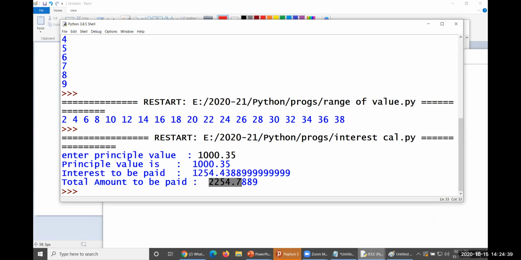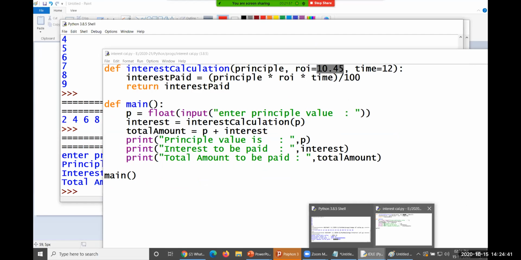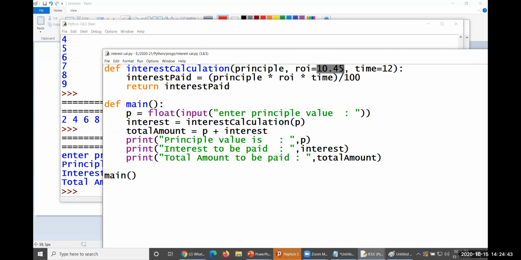Here my question is: the interest calculation function has taken three different parameters. Look at this, three parameters. One is principal, second is rate of interest, and third one is time. If a function is supposed to take three parameters but you have passed only one, principal value, it doesn't show any kind of error.